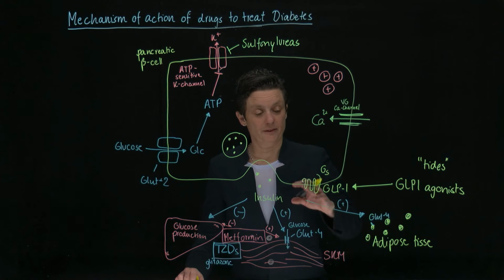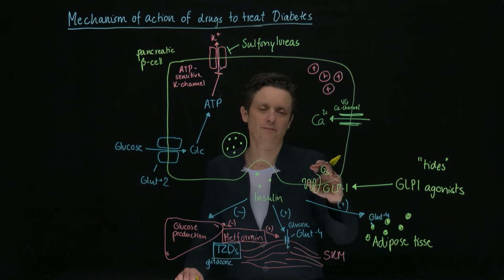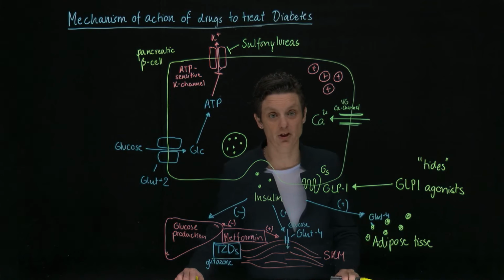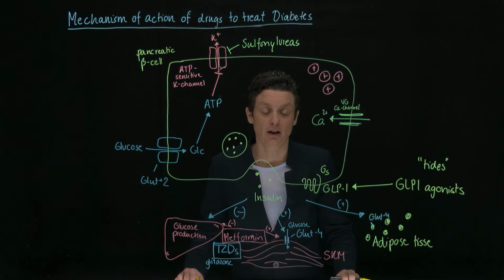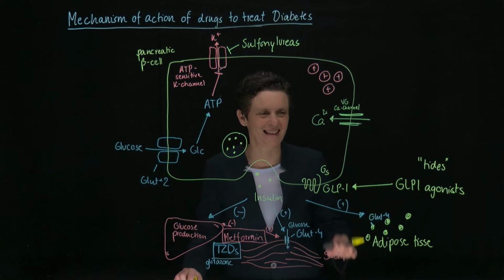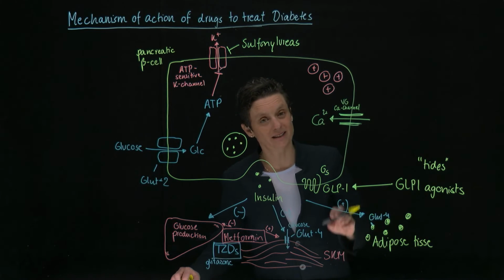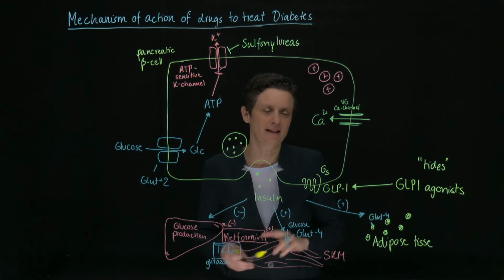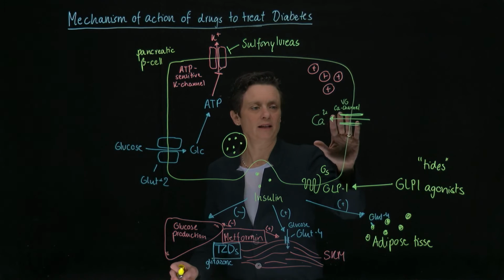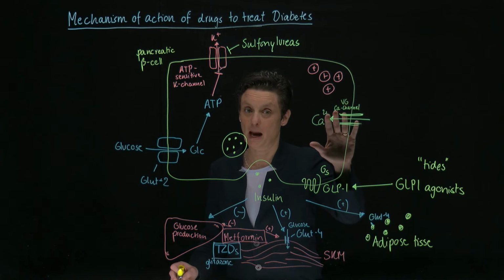When you have increased levels of cAMP as a consequence of the Gs stimulation, you're going to activate PKA, and this is going to help open the voltage-gated calcium channel. But I just want to point out that it helps this process work better.